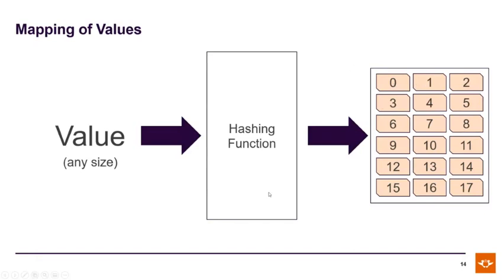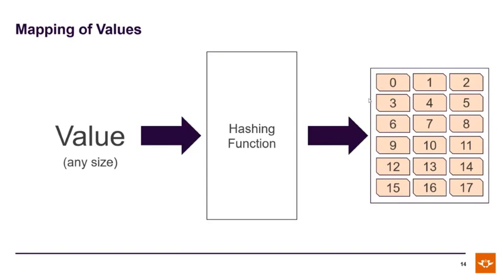And in our case, the hash function is limited to output a value between 0 and 17. The hash function itself is supposed to output a unique value. I'm saying unique, but it's not always unique depending on the nature of the algorithm.